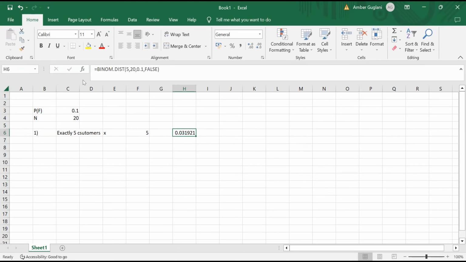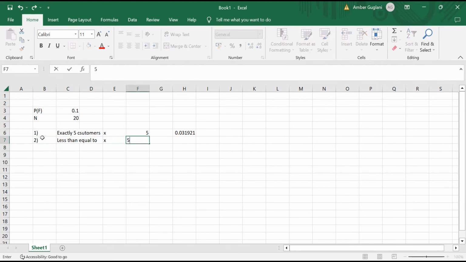Is it clear? Since we have a mass function, we have inputted false. If it is a cumulative distribution function, we'll include true. For example, for less than or equal to 5, what is my X? It's again 5.